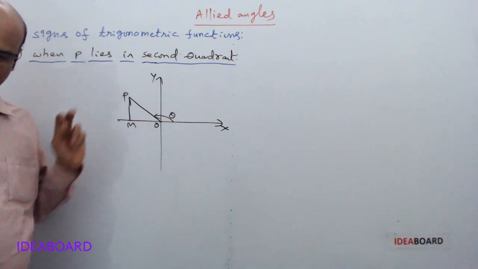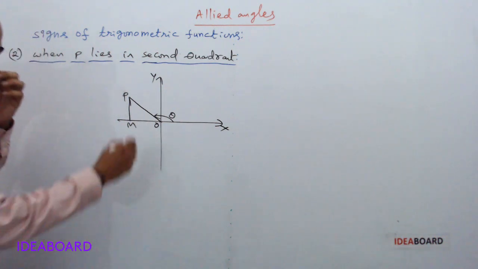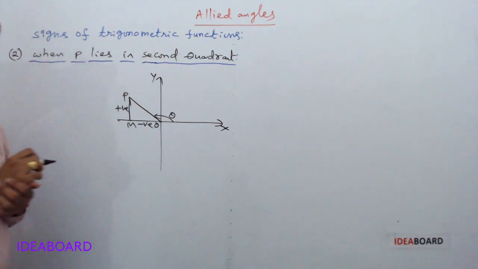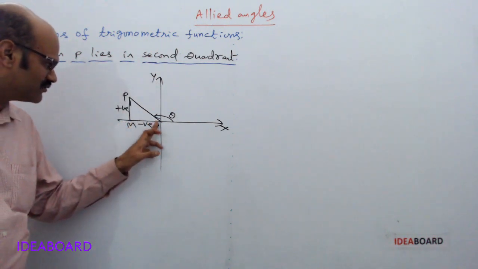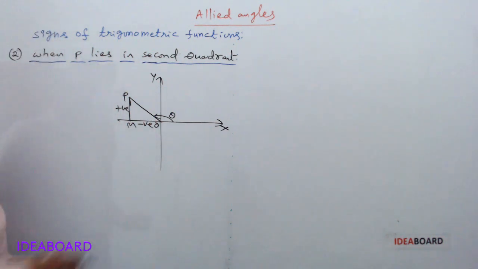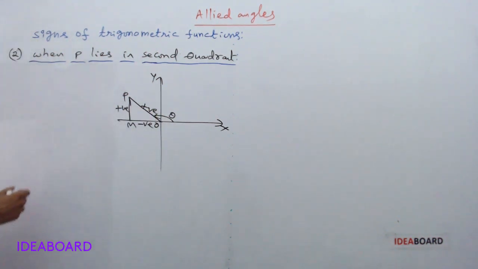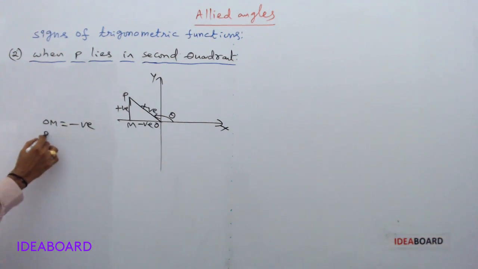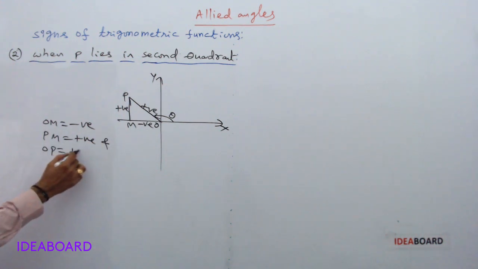Here the point P lies in the second quadrant. We know that in the second quadrant the x coordinate is negative and the y coordinate is positive. From the diagram, OP is always positive, OM is negative, PM is positive.